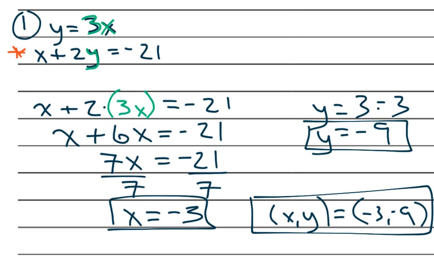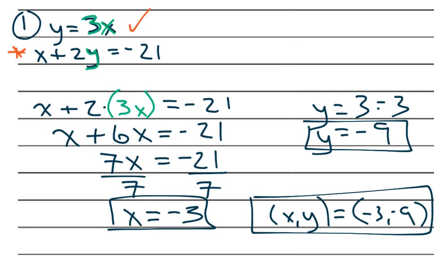Now, it's not enough to check this in just one of these equations. If I want to make sure I'm accurate, I would need to check it in both of them. When I check it here, 3 times a negative 3 does give me a negative 9. So it works in the first equation.